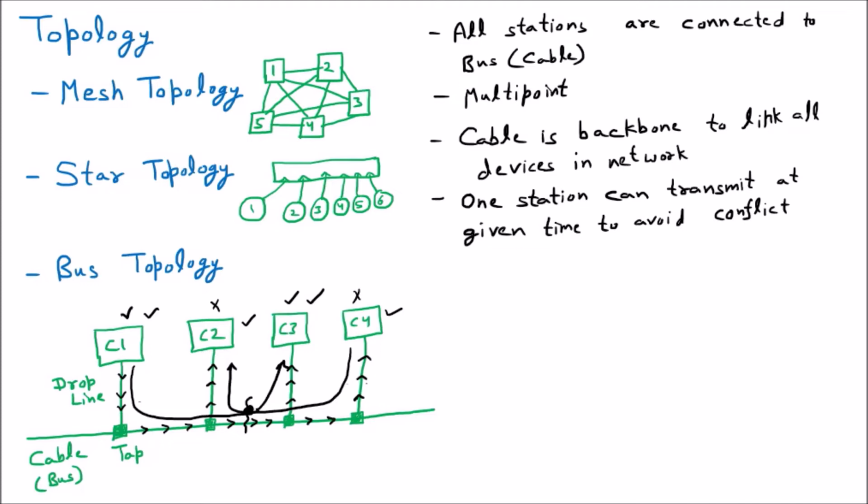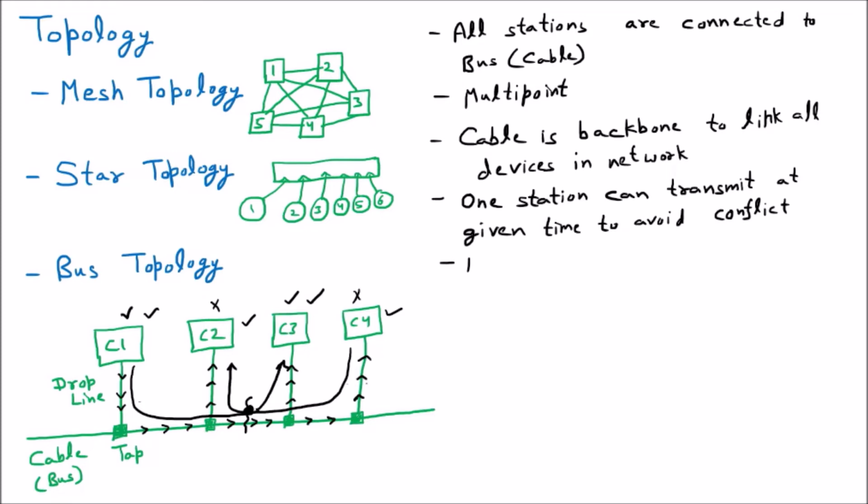So to avoid the conflict, we are giving everybody a specific time. At this time, you have to send. So that is the deal every computer has in the bus topology. And one more thing is that the network is extended with the help of lengthening the wire. So if we want to increase the network, no problem, just increase the wire and connect more computers.